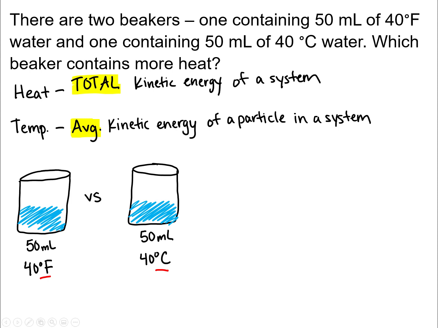But the key to this problem is knowing you can't directly compare these. You've got Fahrenheit and Celsius. You have to convert one to the other. So the Fahrenheit needs to become Celsius, or the Celsius needs to become Fahrenheit. Then you can compare the temperatures of the two and see which one has more heat.